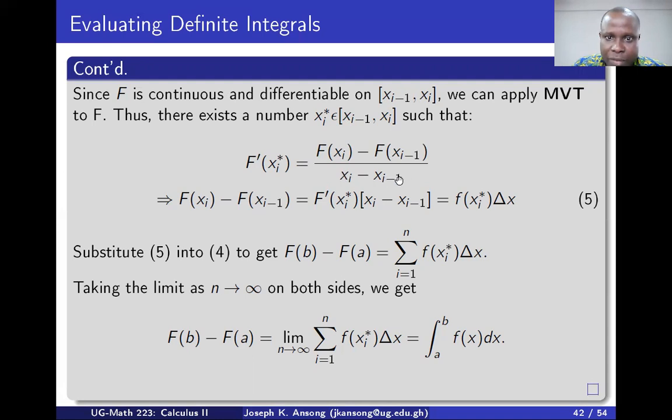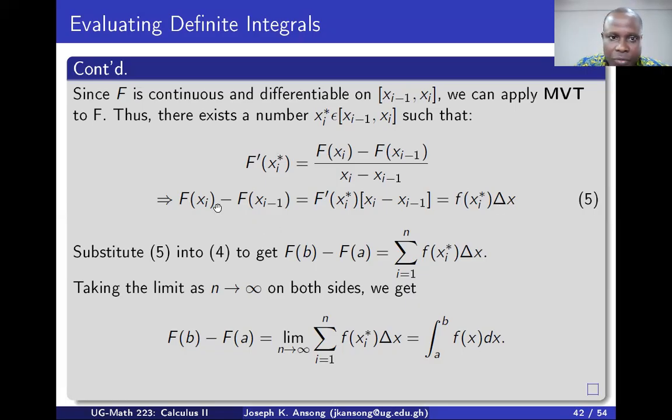You can multiply through by the denominator here, and then this numerator is equal to this term multiplied by the denominator. But remember that capital F is the antiderivative of small f, so big F prime is small f. And the difference between xi and xi minus 1 is delta x. So this is equal to that.